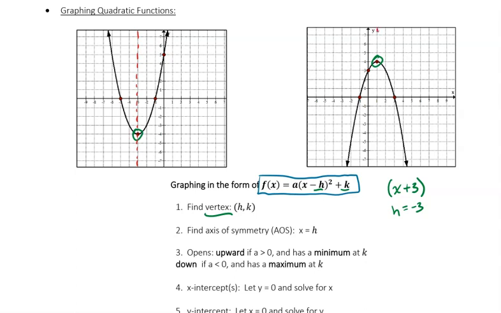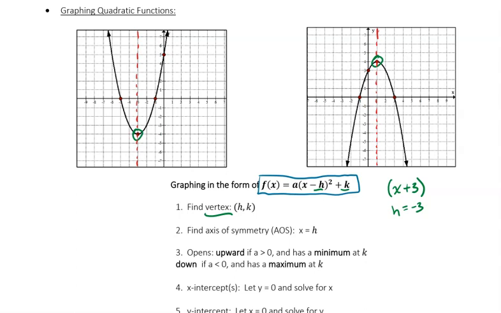The one on the right, we have an axis of symmetry right here at x equals 1. And again, same thing, you could fold it in half. Right? Luckily, the axis of symmetry is also really easy to find. As long as you have the vertex, it's just going to be x equals that h, or the x coordinate from the vertex.